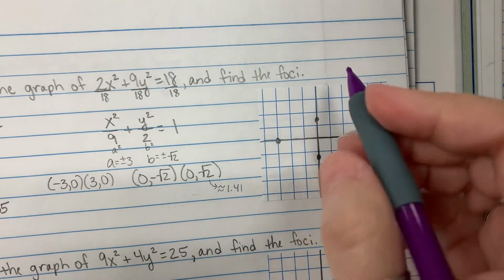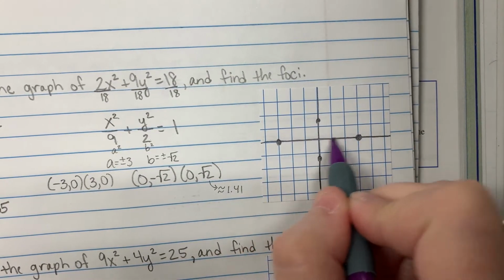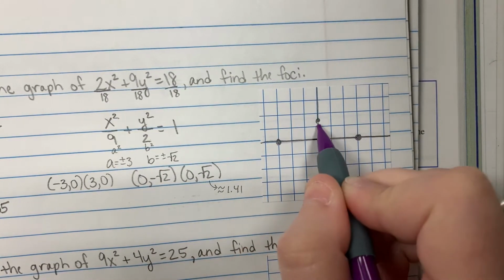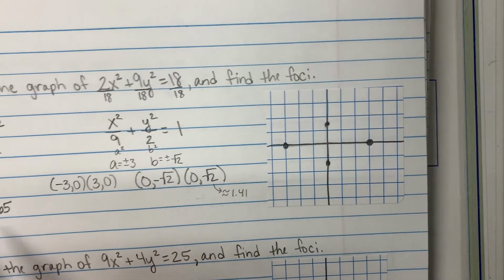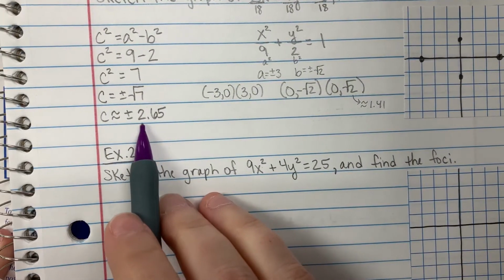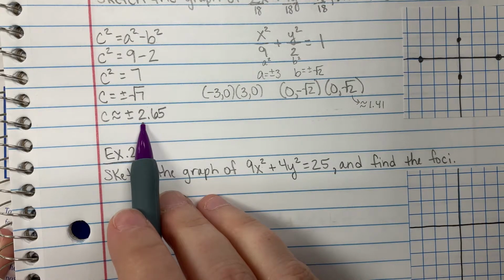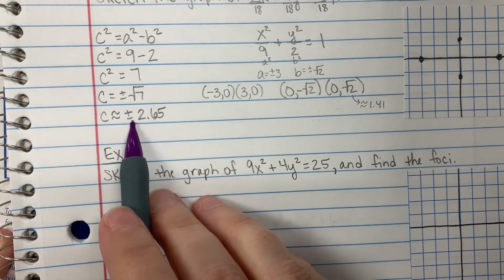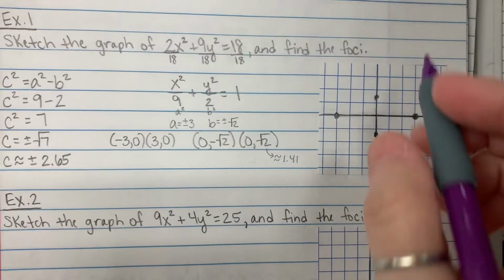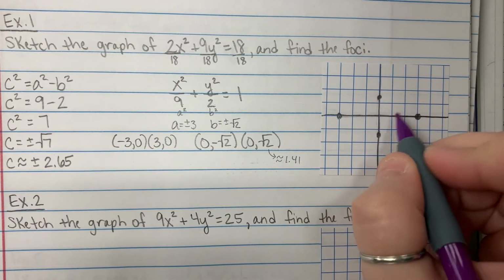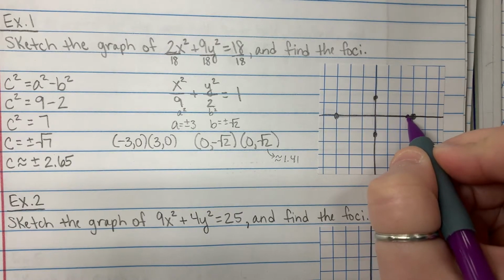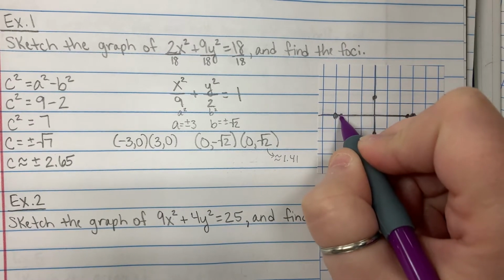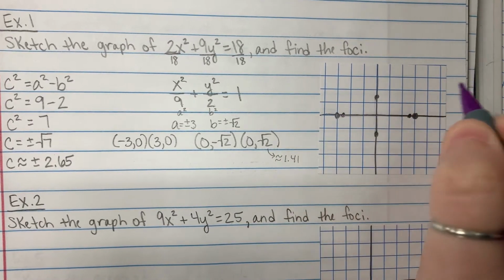Okay. So on this one, my x-axis is where my major axis is. My minor axis is this way. So my focus should be on that x-axis. Plus or minus that 2.65 is going to go on this axis right here. So 2.65 is around in here, and negative 2.65 is around in there.